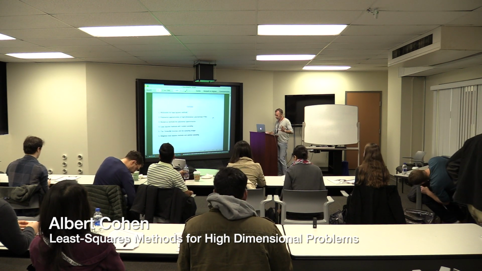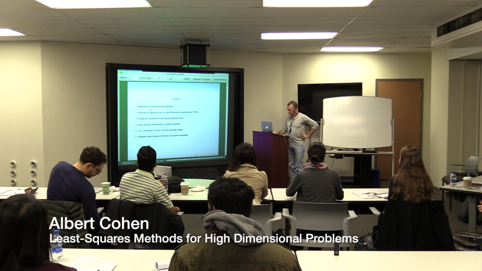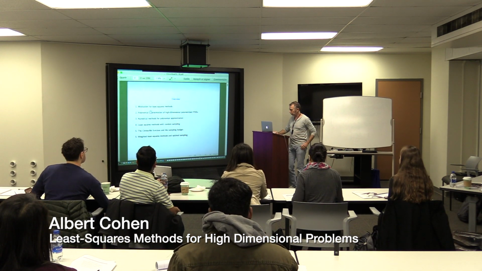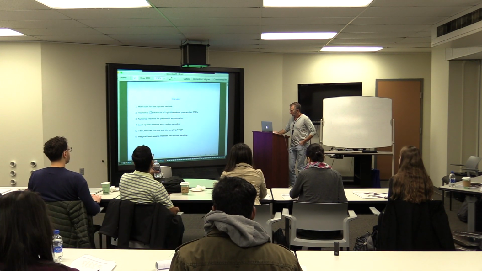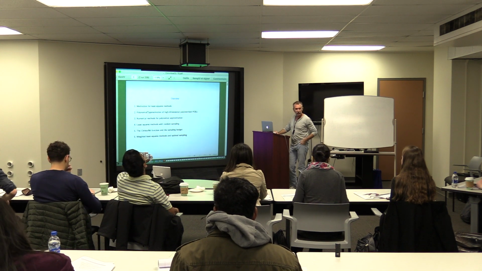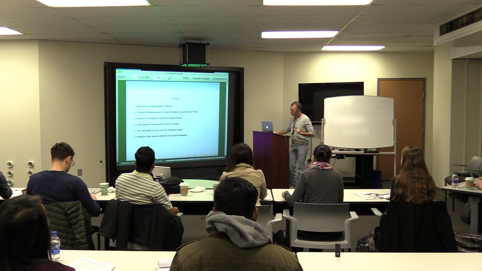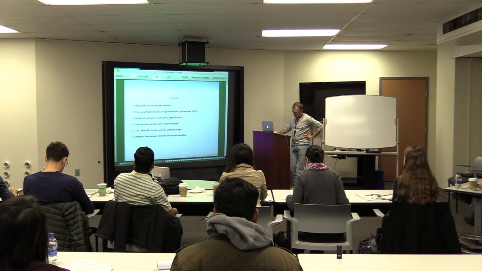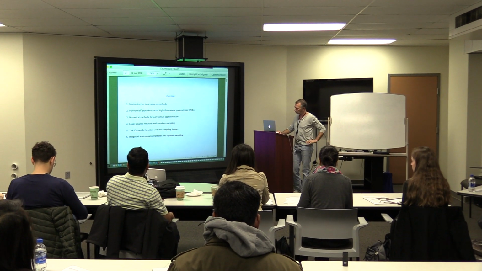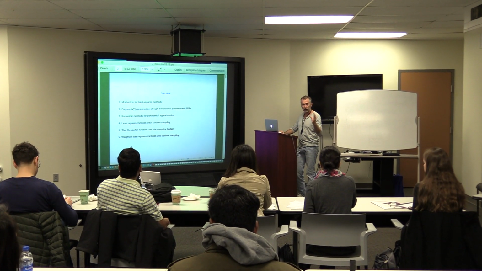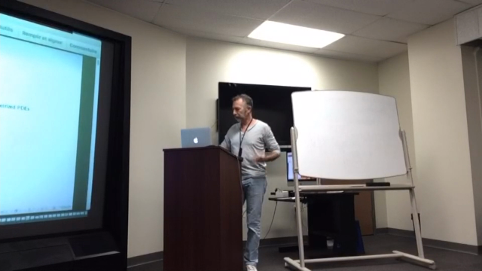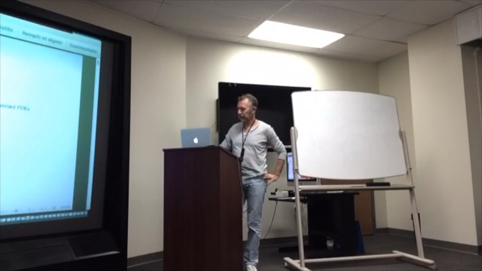Okay, so yesterday I gave a general motivation and went into this topic of high-dimensional parameterized PDEs. I showed one very simple model and gave you the main results on polynomial approximation based on sparsity concepts.